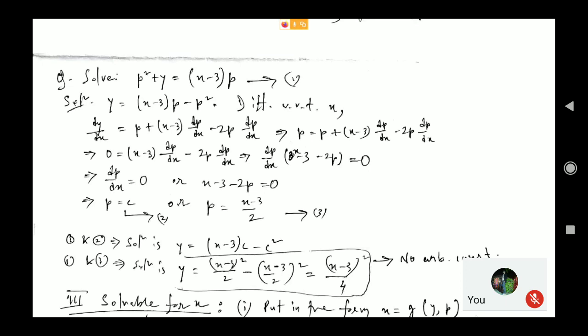Then what does it represent? Can you tell? Geometrically, what does this differential equation represent? dy/dx = m. It's a straight line with a constant slope. Straight line, constant slope. So how many straight lines?